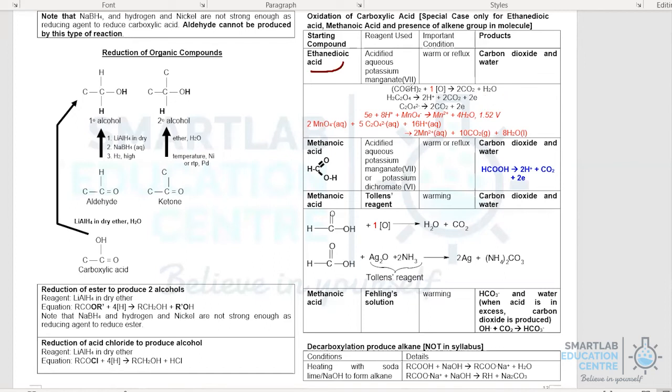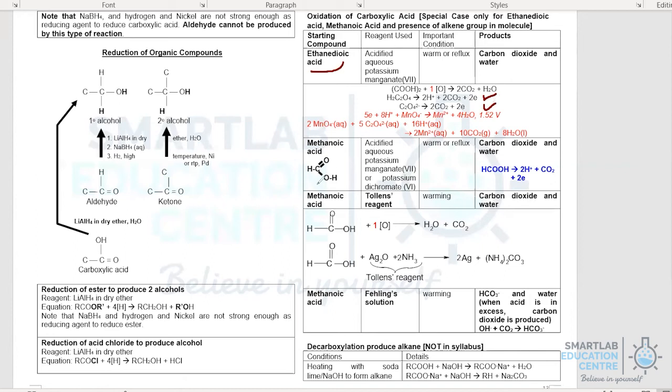So your ethanedioic acid could be easily oxidized to form carbon dioxide, and you're asked to remember and memorize this equation, as well as the half equations for ethanedioic acid, which when oxidized forms carbon dioxide.